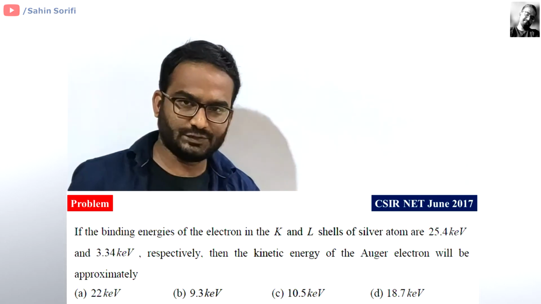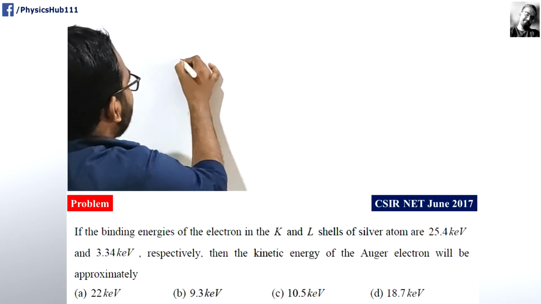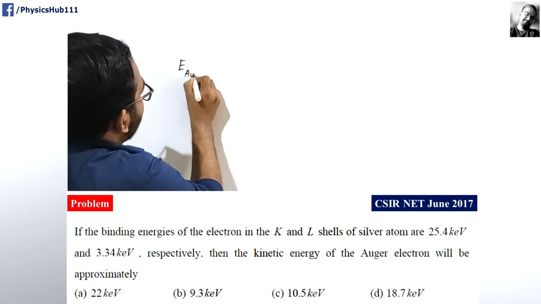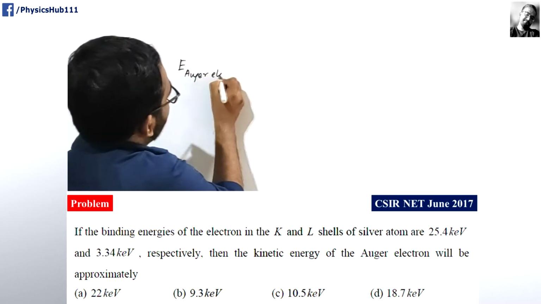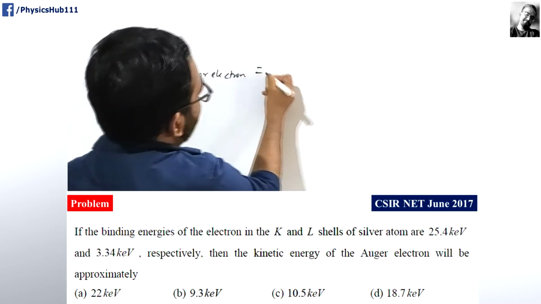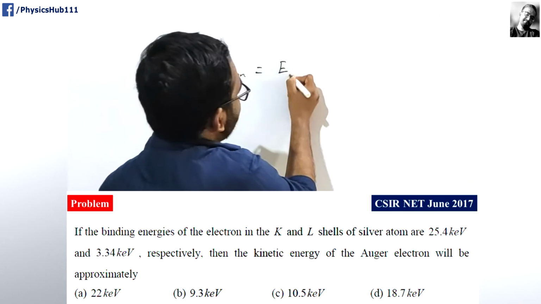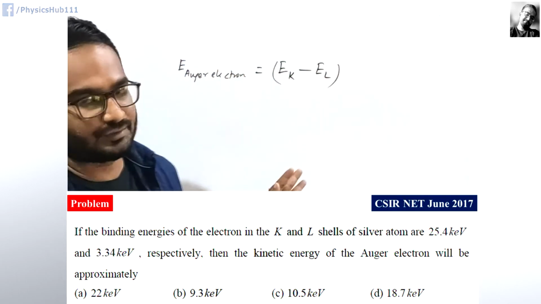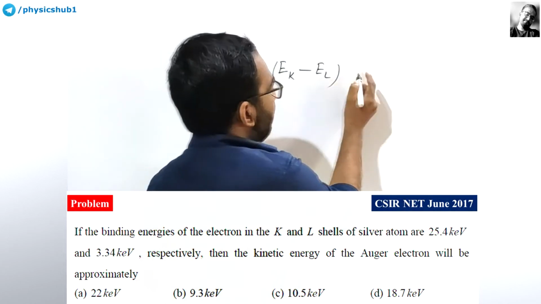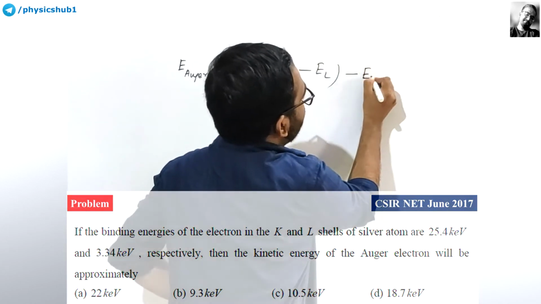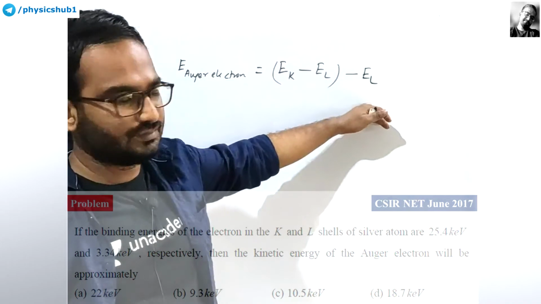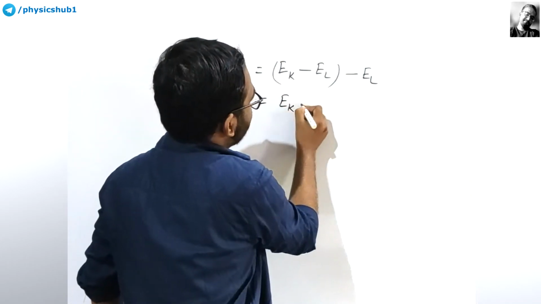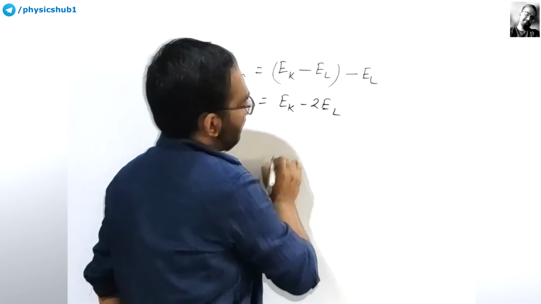So how can we solve this problem? The formula we can directly utilize: the kinetic energy of the Auger electron will be given by EK, the energy of the K shell, minus EL, the energy of the L shell. This is the energy of the photon. Now this energy has to overcome the binding energy of the L shell electron, so the kinetic energy of the emitted Auger electron will be EK minus 2 times EL.